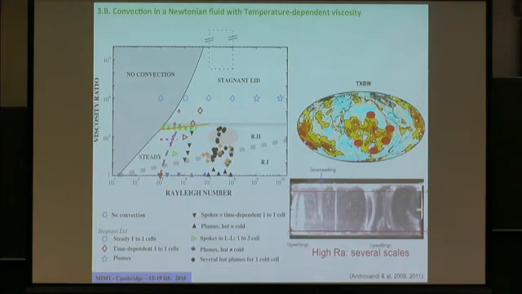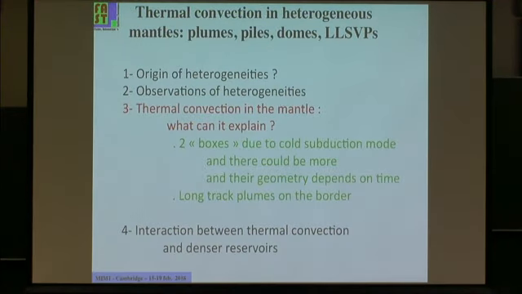And within each of those cells, we can have several plumes, as we see here. So it would explain what we see on Earth. But, out of curiosity, what's the fluid that you were using? Here it was sugar syrup.